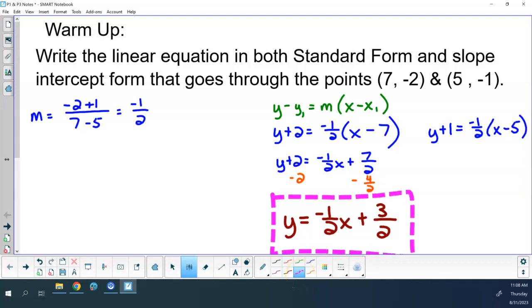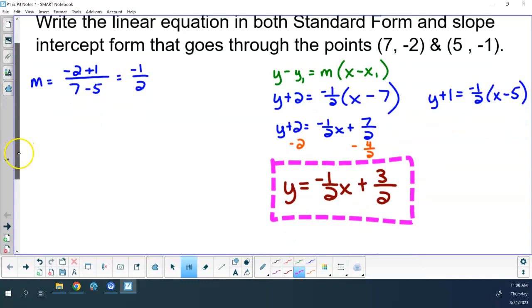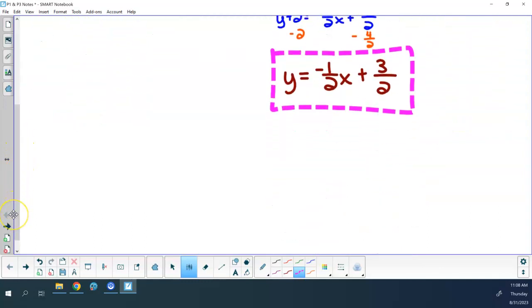Then from that, now I've got to get a standard form. Well, one of the three conditions in standard form was no fractions. So I'm going to multiply everything by 2. If I multiply y by 2, I get 2y. If I multiply negative 1/2 x by 2, I get negative x.